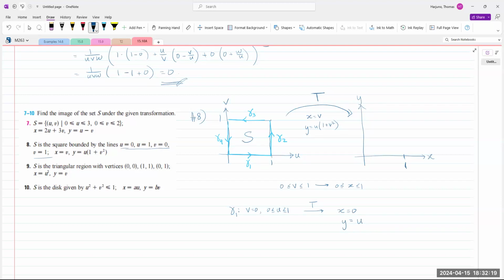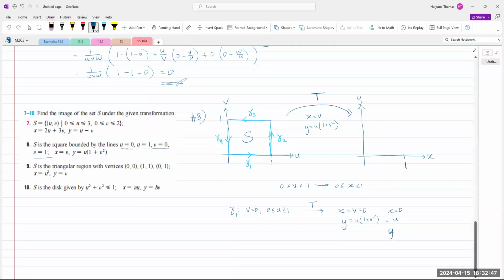Let me go backward a little bit. x equals φ, but φ equals 0, so x equals 0. Now y equals u times 1 plus φ squared, but φ equals 0, so y equals u, and u is from 0 to 1.